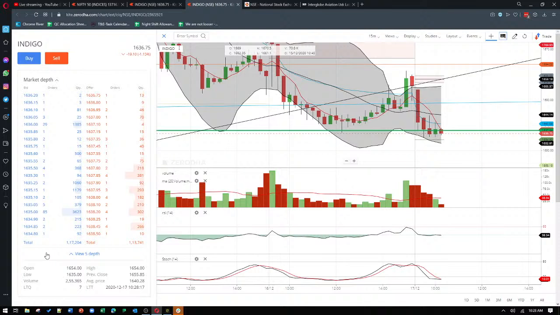We have 2 more minutes for the current candle to close. Now you're able to see 1636 volume is high, 1635 volume is high on the buy side. The total open orders on the buy side are 1,18,000, and total sell orders 1,13,000.